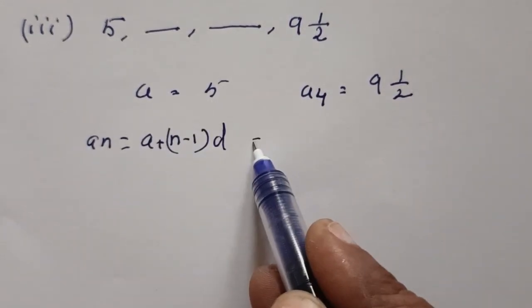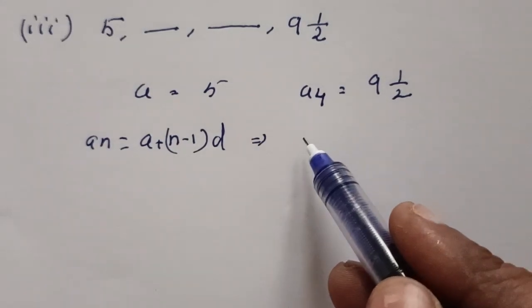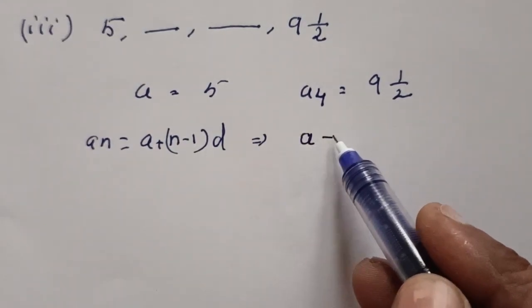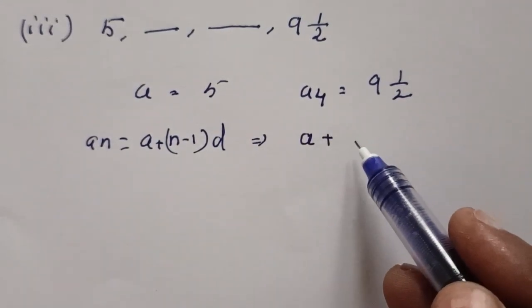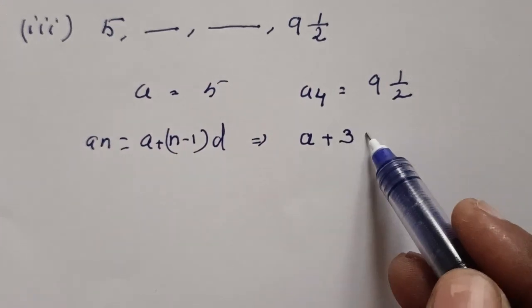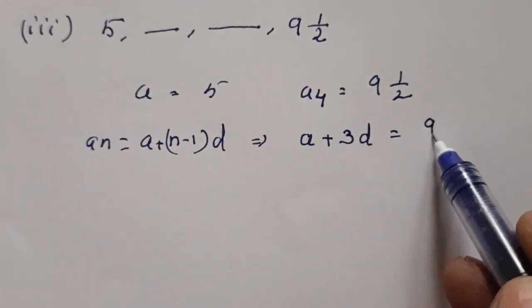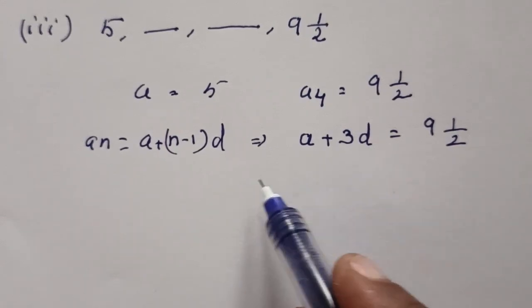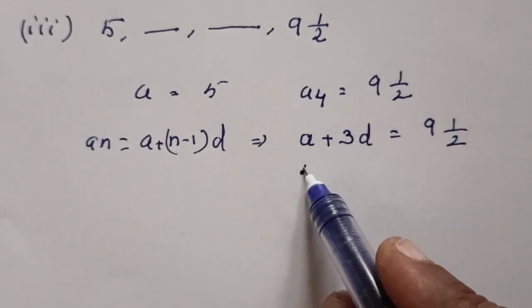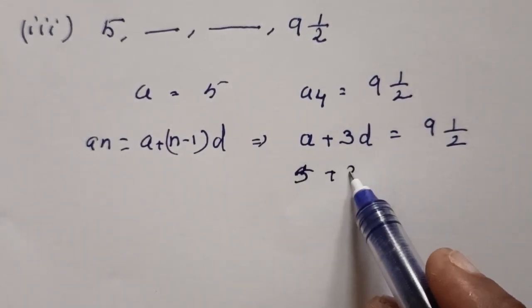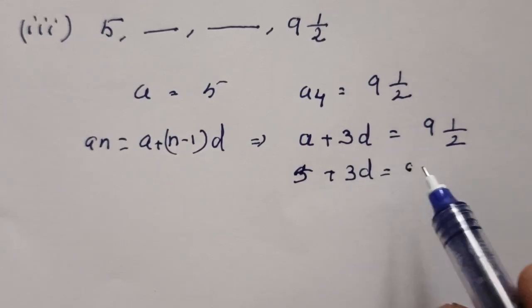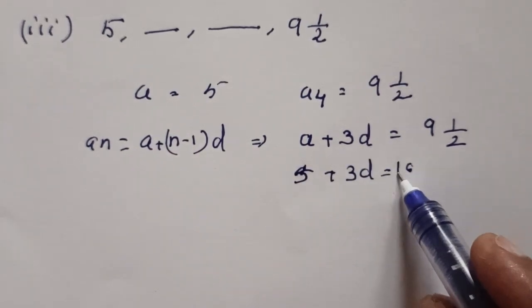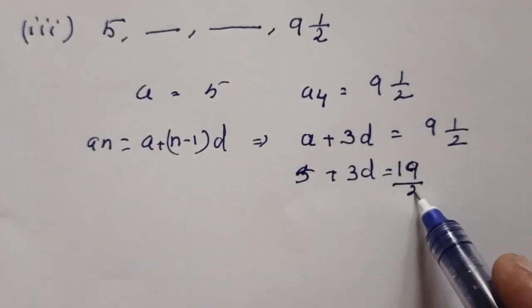Using this formula we get a4, that is a plus (n minus 1), n minus 1 is 3, so a plus 3d equals 9 1 by 2. Here a equals 5. Therefore 5 plus 3d equals 9 1 by 2, which is the same as 19 by 2, isn't it? 19 by 2.